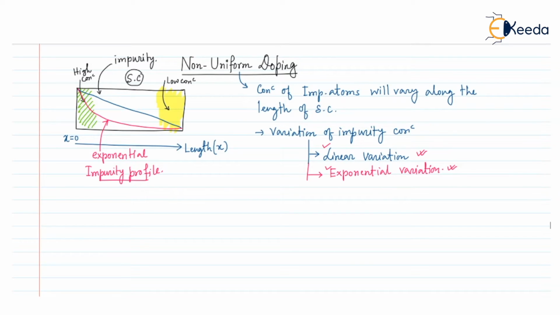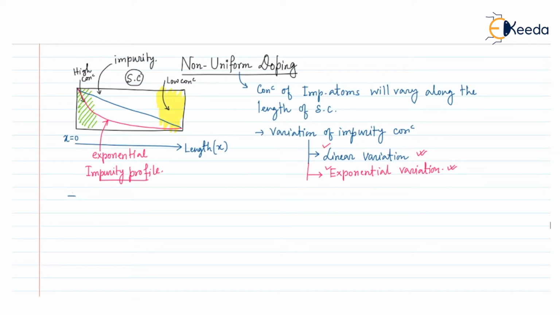A semiconductor where non-uniform doping takes place is called a graded impurity semiconductor.